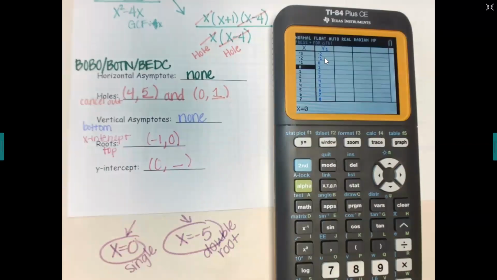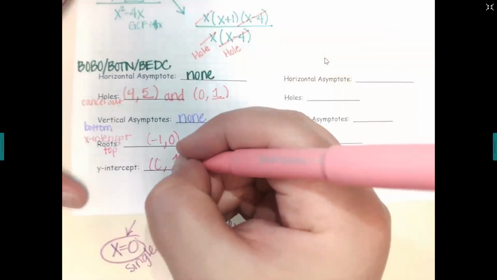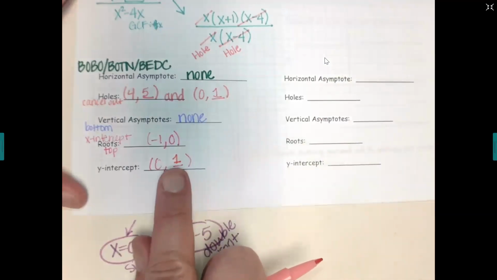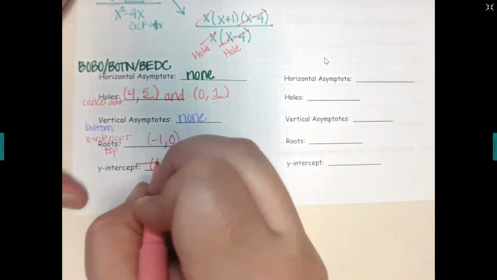Then when I come down to my y-intercept, I notice that that would also be what? 0, 1. But can you have 2 of those in the same spot? No. So if there's already a hole at 0, 1, then does it really touch the y-axis there, or is that point missing? It's an open circle, right? So this no longer counts.